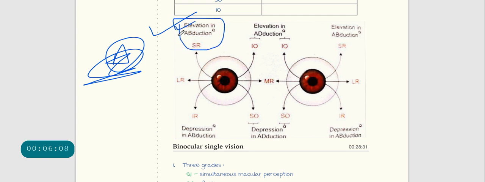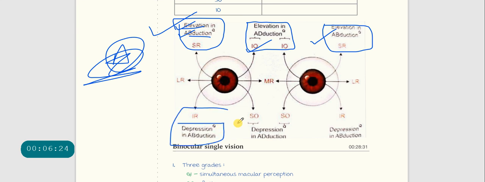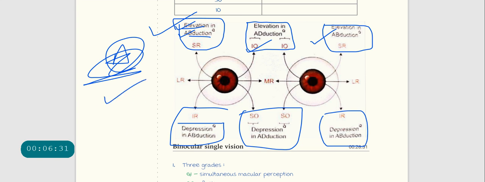Elevation with abduction is seen with the inferior oblique. Respectively all these muscles are given in this diagram. So it is a very easy diagram to remember all the movements of the eyeballs.